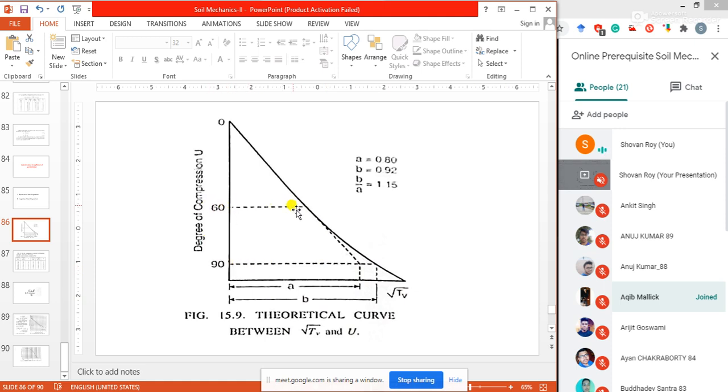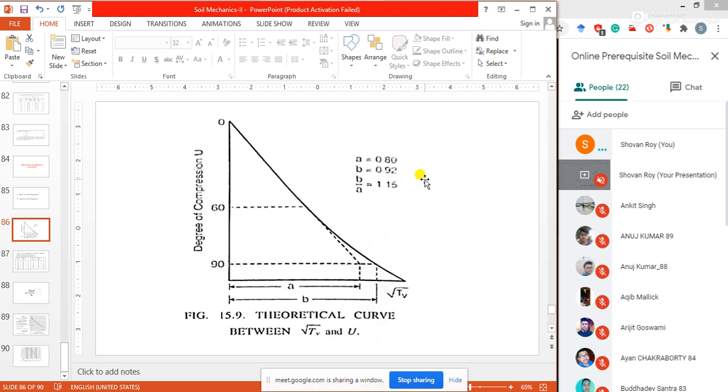So at the 60 value and 90 value, these are our important values. That's why here the a value, the magnitude of time factor, is 0.80, and the b value is 0.92.